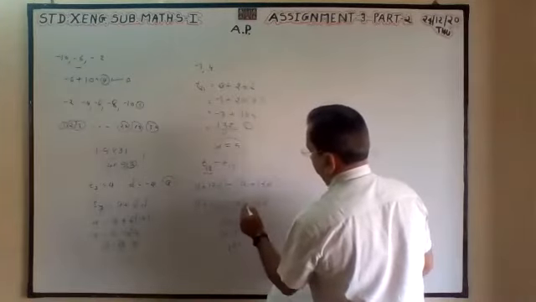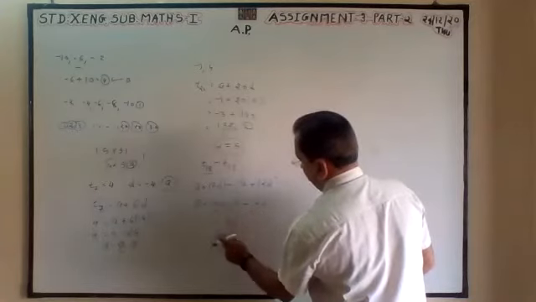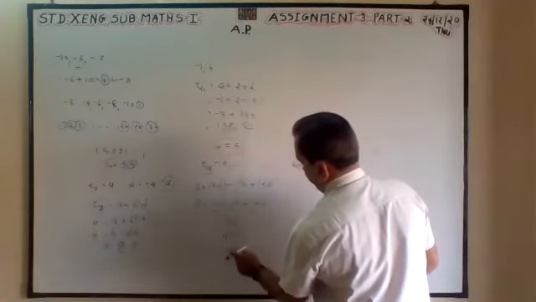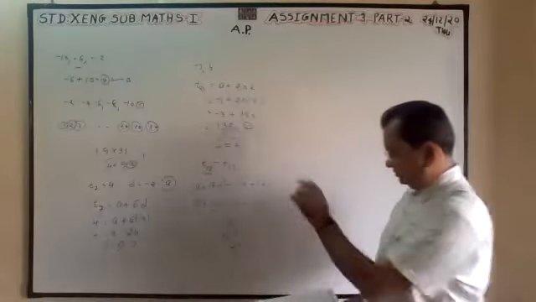Sorry, it was a mistake. So 5 fives are 25. So C is the answer.